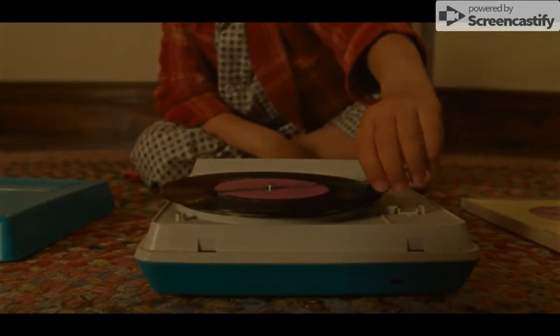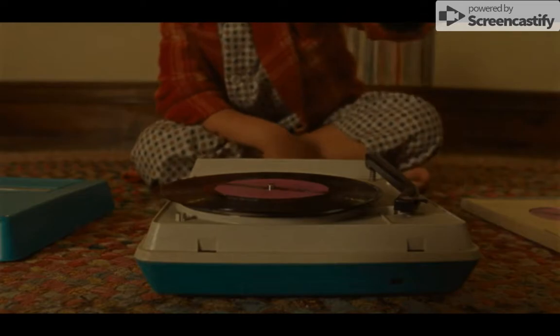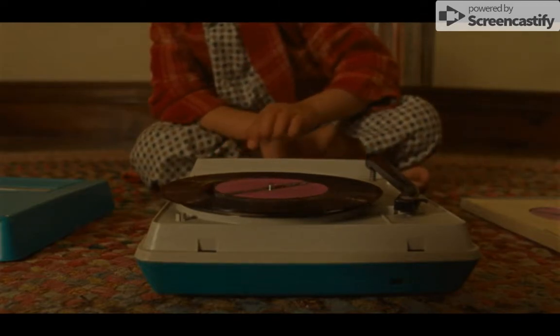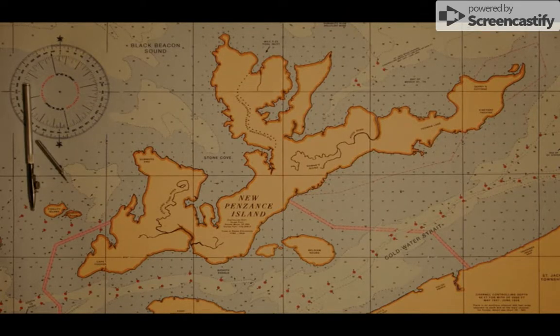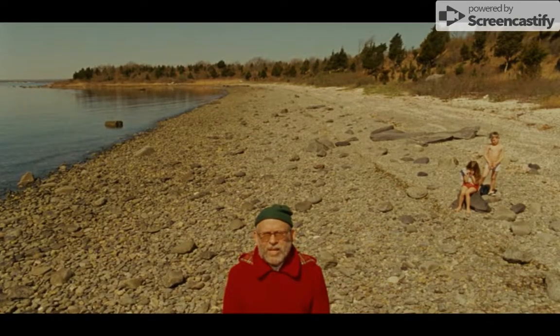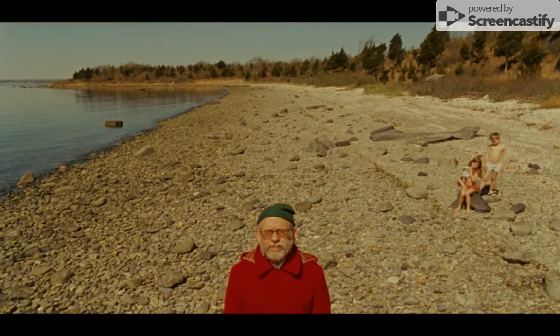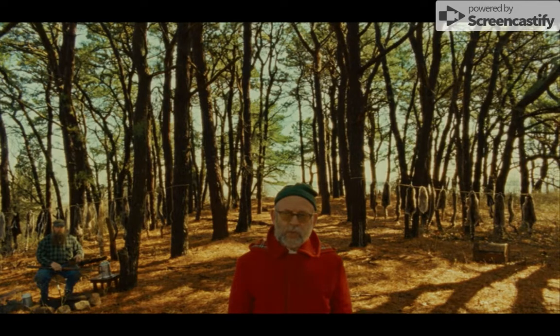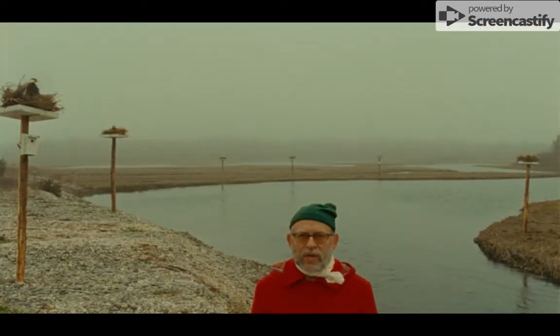And now Susie's brother pauses the music so the narrator can speak. This is the island of New Penzance. 16 miles long, forested with all the old-growth pine and maple we need: a setting, place, time. Crisscrossed by shallow tidal creeks. Chickasaw territory.